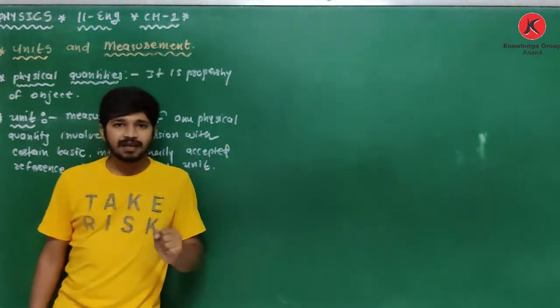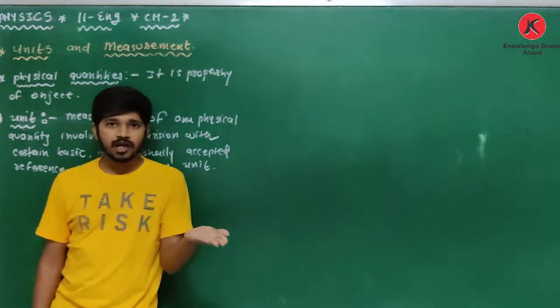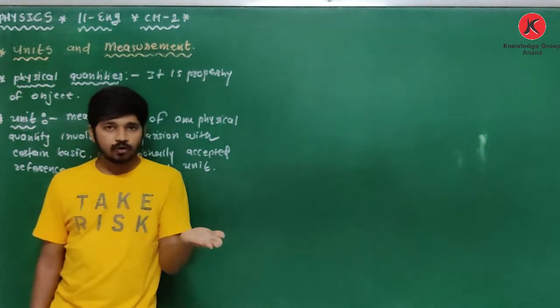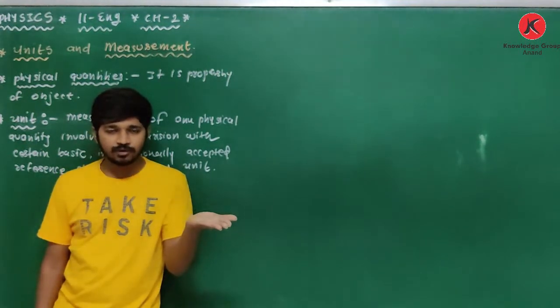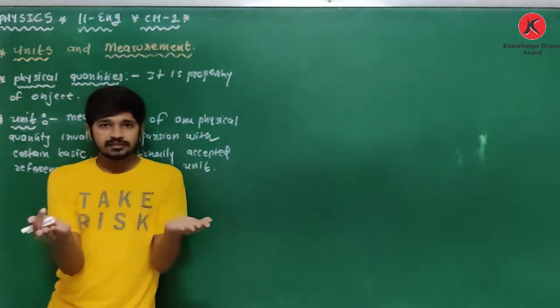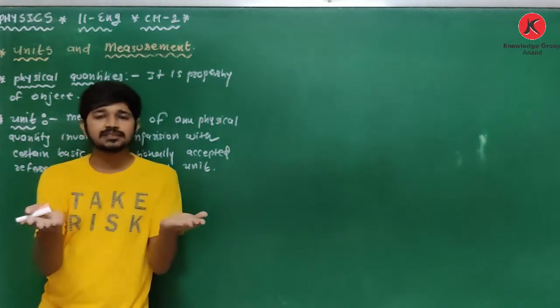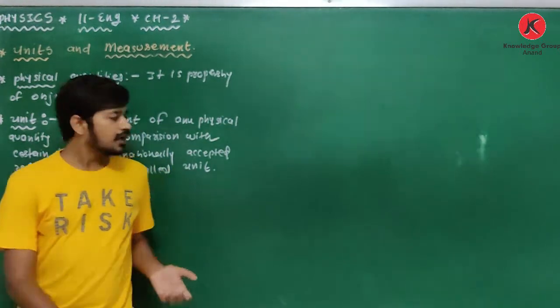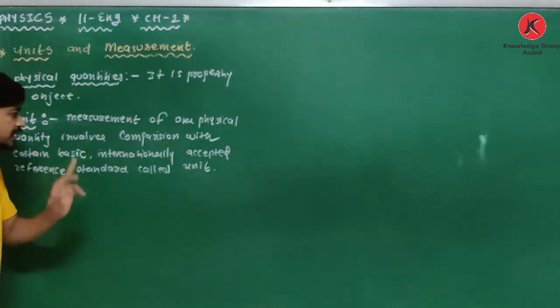You know the simple balance: on one side we put a known mass, and on the other side you put the object. When that simple balance is in balance condition, we can say the object has that much amount of mass. So any measurement of a physical quantity involves comparison with a certain basic internationally accepted reference standard.